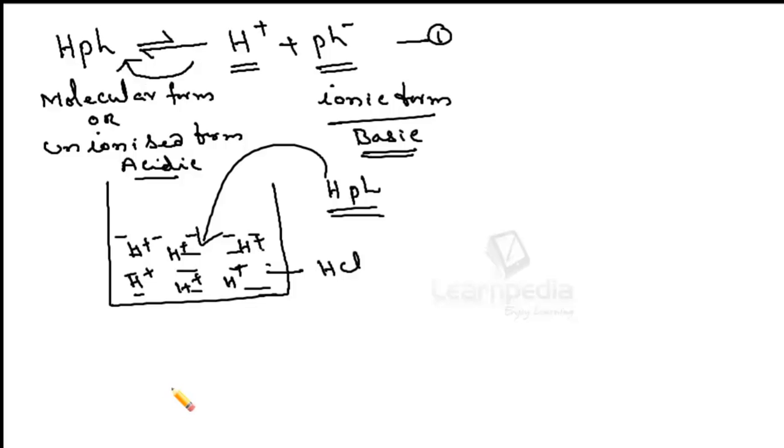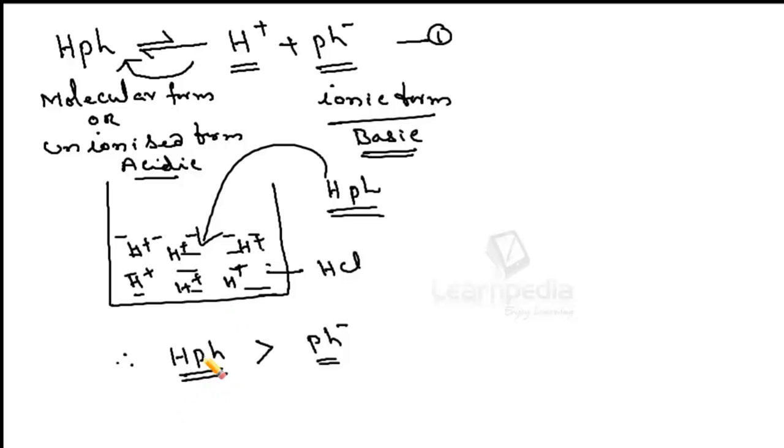In other words, the equilibrium is shifting towards the left hand side involving the molecular form of the indicator. Therefore, the solution will now contain much more of the molecular form of the indicator than the ionic form of the indicator. And once the solution contains much more of the molecular form of the indicator in acidic medium, the solution should have the color of the molecular form of the indicator.